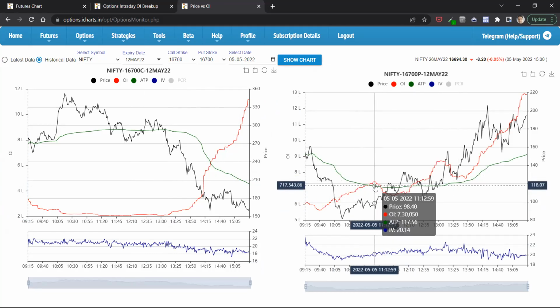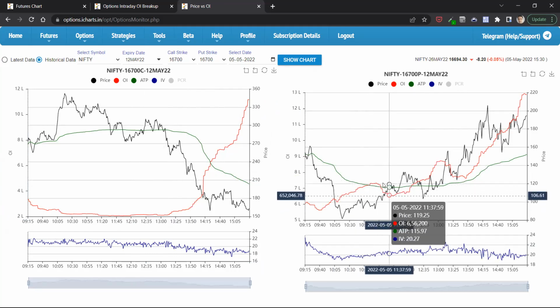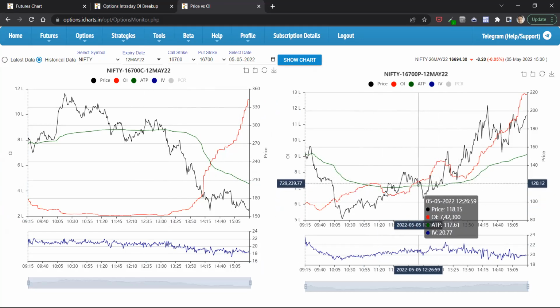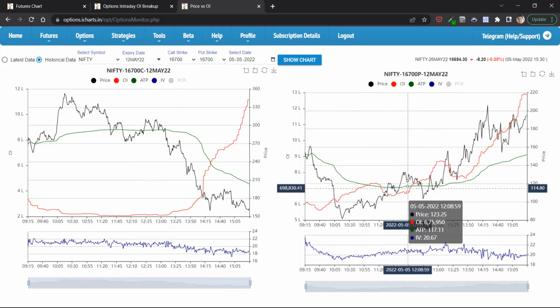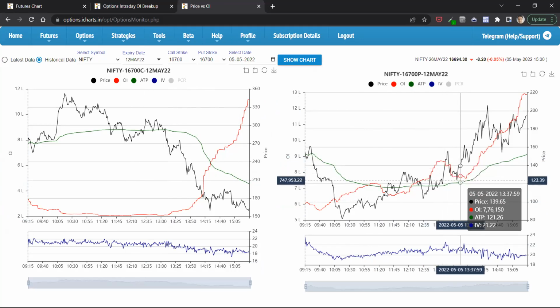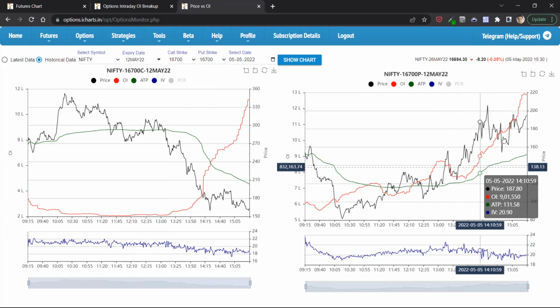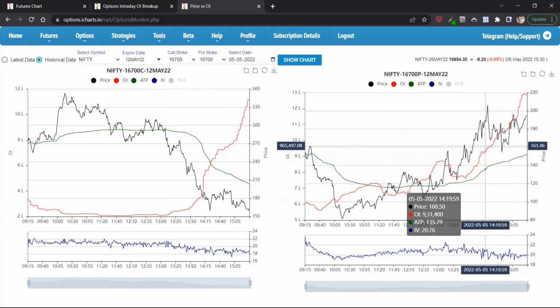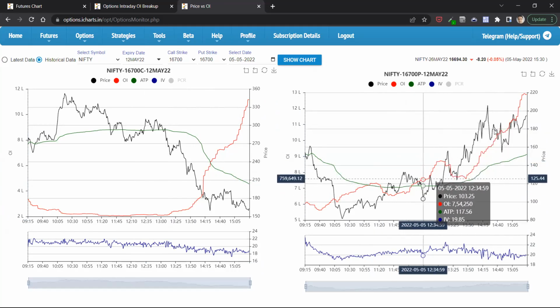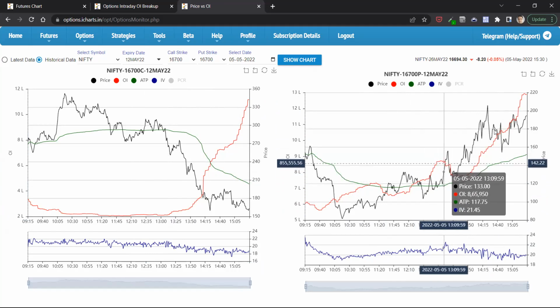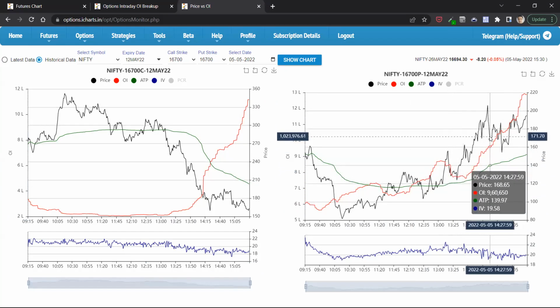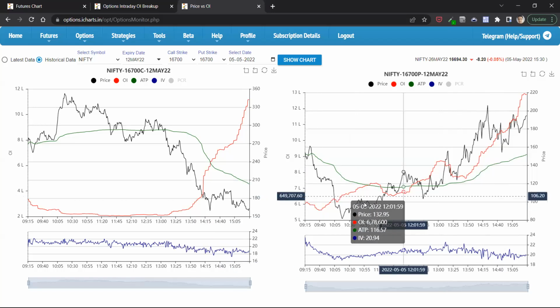This was enough for the price to keep going. Again, over here, OI got built, then OI unwinding, and price going up. In this case, the OI building went on with the price, but this one little bit of unwinding was enough to push the price. So this is the basic concept.